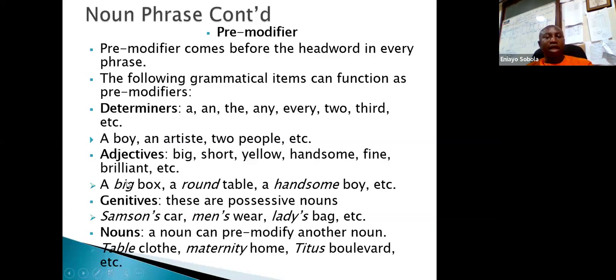Here we have a big box. Big here is an adjective expressing the size of the box. A round table. Round there is an adjective indicating the shape of the table. A handsome boy.